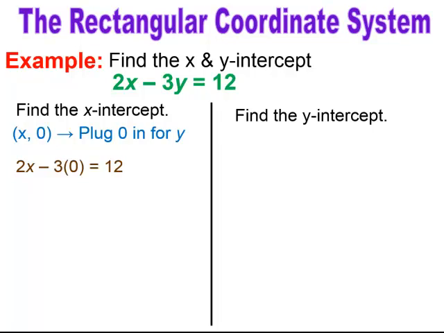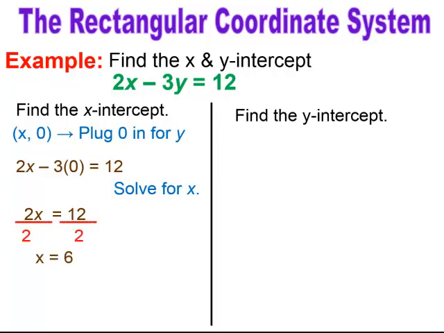I plug 0 into y, and I have 2x minus 3 times 0 equals 12, and 3 times 0 is 0. So I'm left with 2x equals 12, and now I can solve for x. I divide through by 2, and my x value is 6.